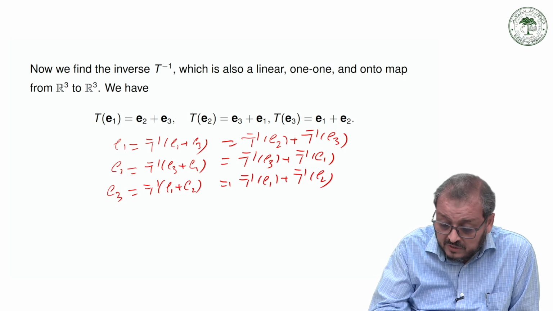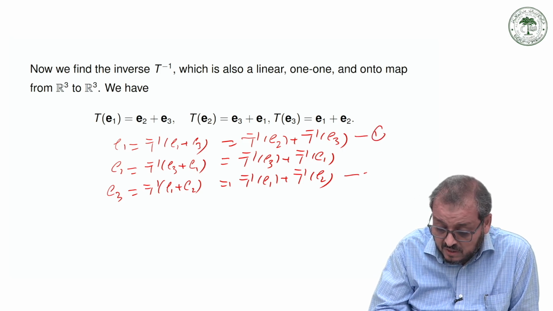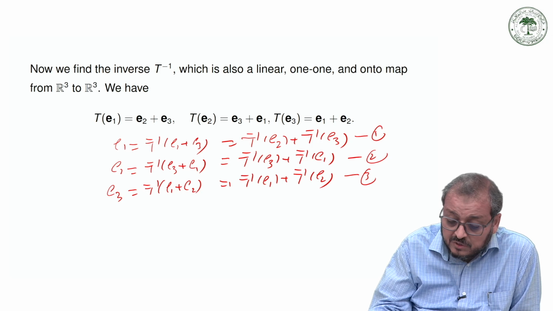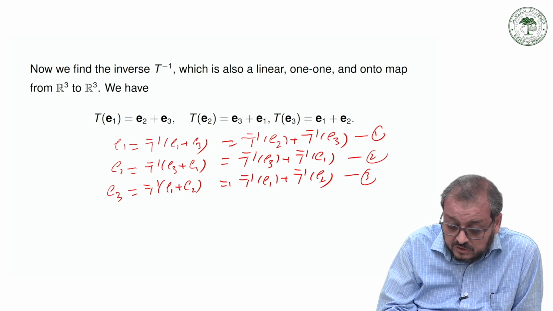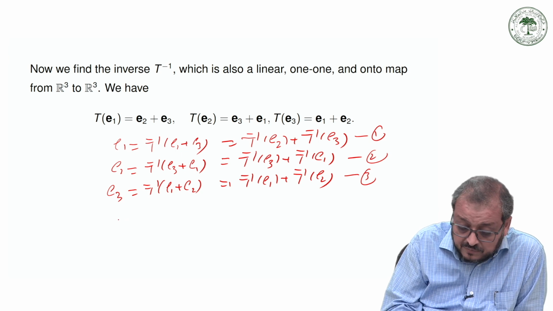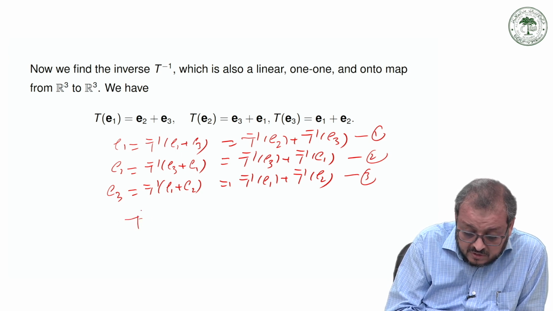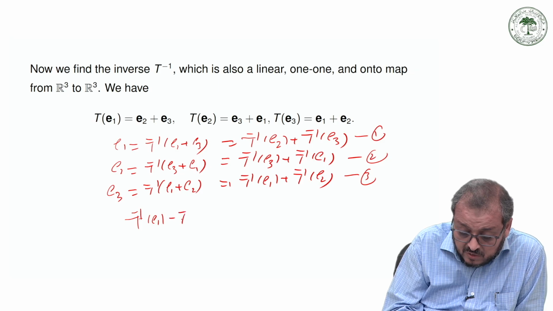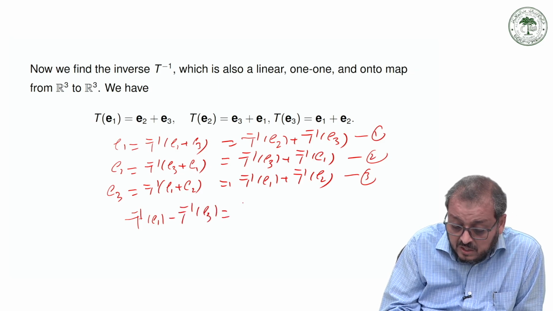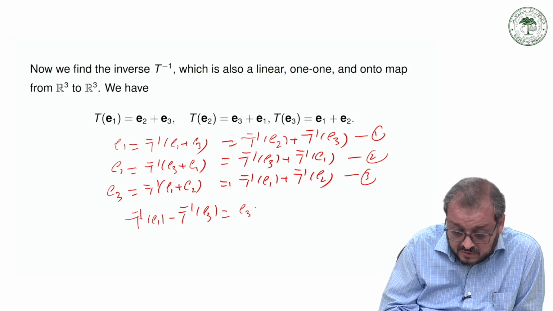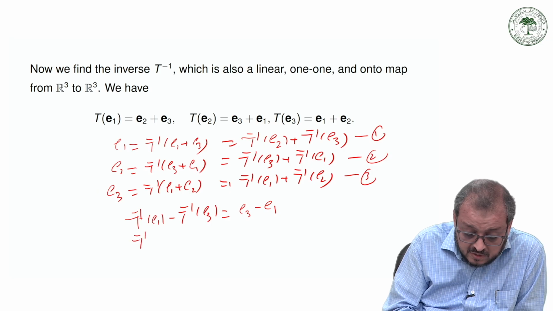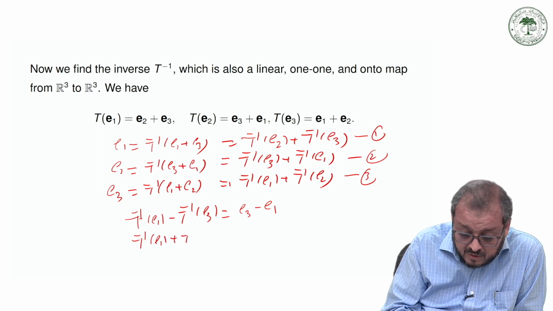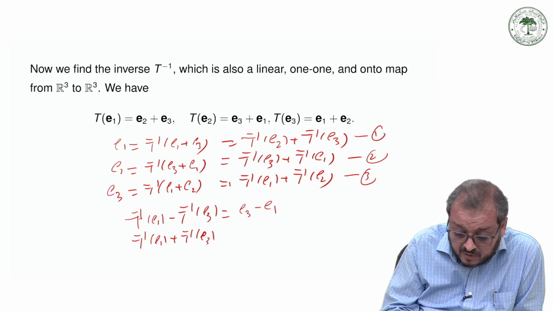Now this is equation 1, this is 2, and this is 3. If we subtract 1 and 2, then we eliminate E2. So we get T inverse E1 minus T inverse E3 is equal to E3 minus E1, and the second one is T inverse E1 plus T inverse E3 is equal to E2.